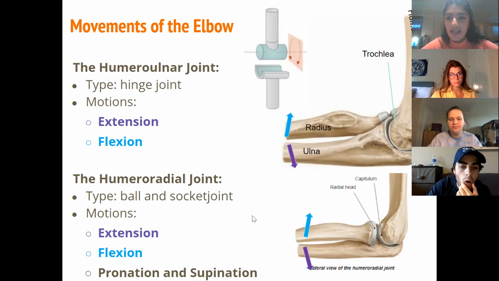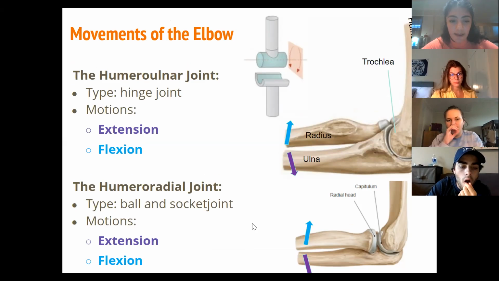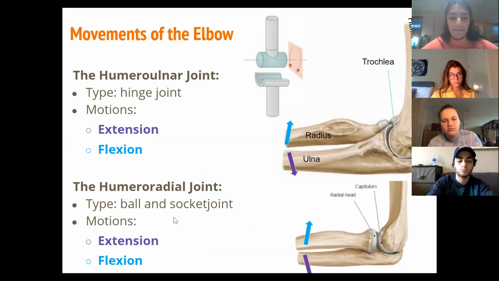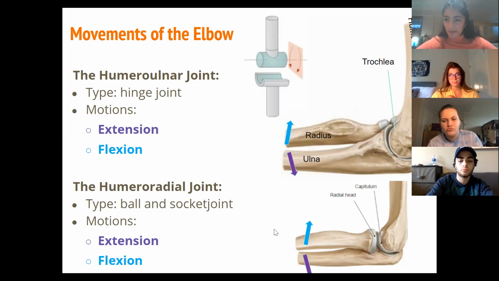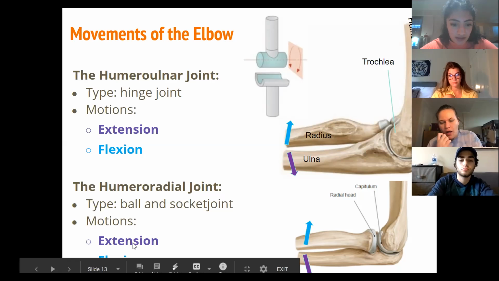Ball and socket, yep. And what are the motions that it will produce? Extension, flexion, pronation, and supination. Yep, perfect. Thank you, Caitlin. So we just talked about ball and socket with the glenohumeral joint, and it had a third plane of motion, right? We had 6 different things that we could do. How come this one can only do these 4 things?